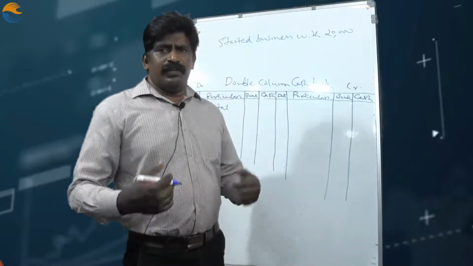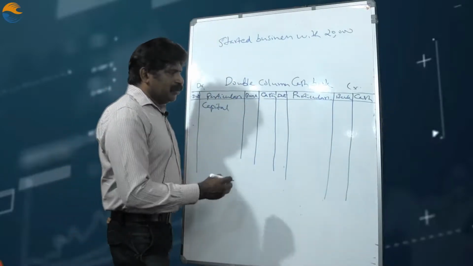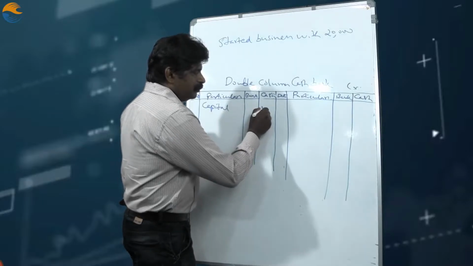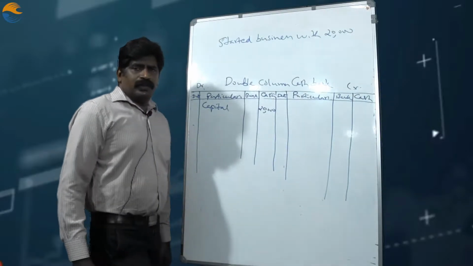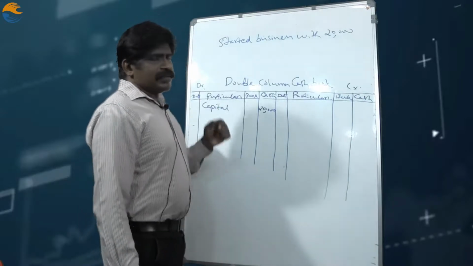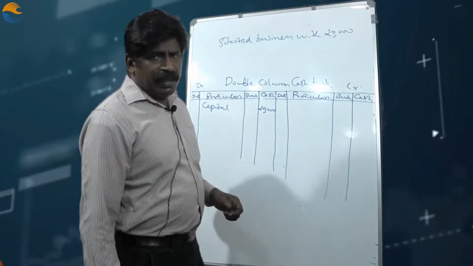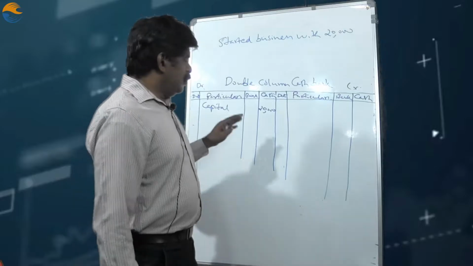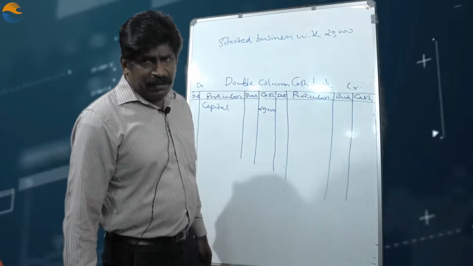Cash came into the business. It is to be shown on the cash column. The amount is to be shown on the cash column. And this transaction will not affect the bank. So, the amount will be shown only in the cash column.